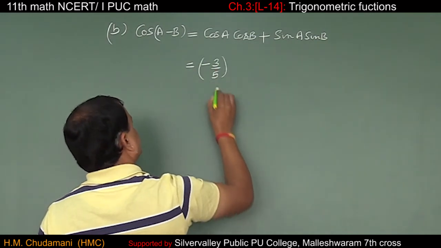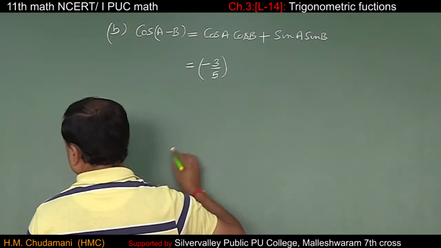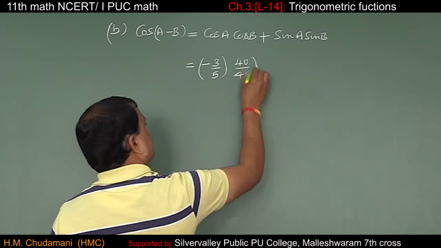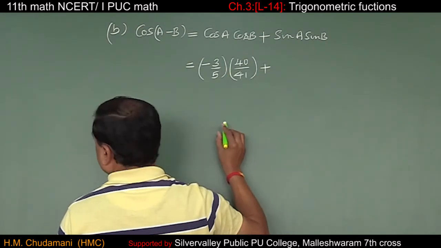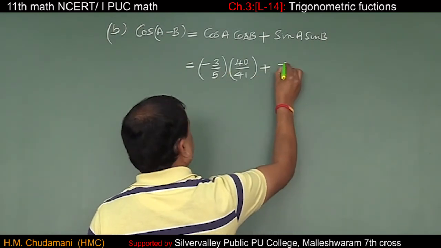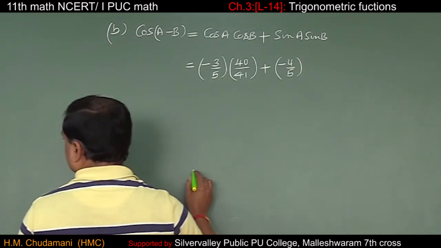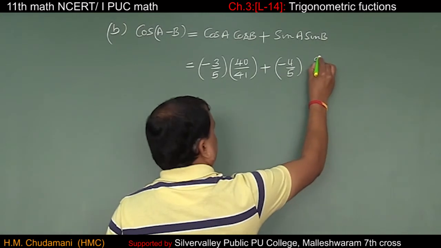Substitute the values. Cos B is nothing but 40 divided by 41, plus sin A is minus 4 by 5, sin B is 9 by 41.